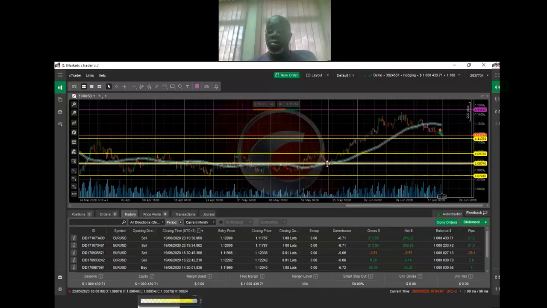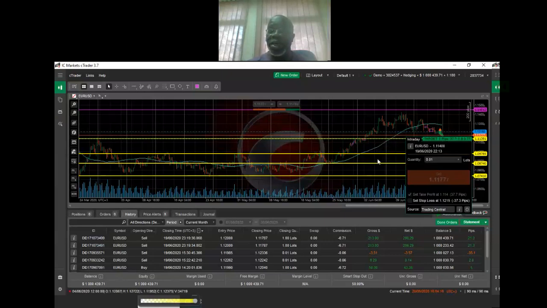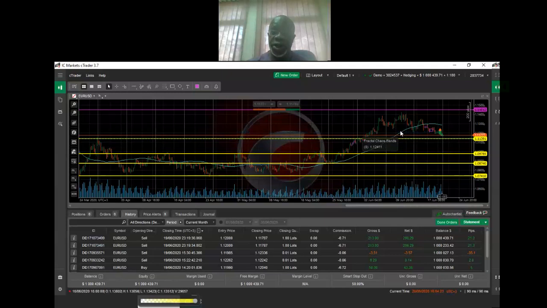So that would be a point to enter. Same thing around here. If you go backwards, there'll be many places where your support resistance meets the moving average, and that signifies your entry. Not all entries are good, but some of them will be.